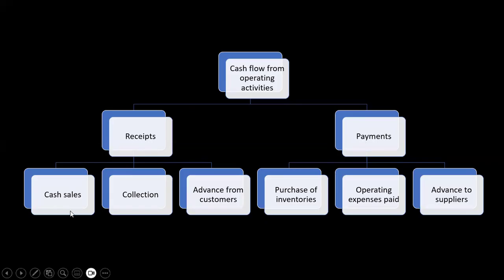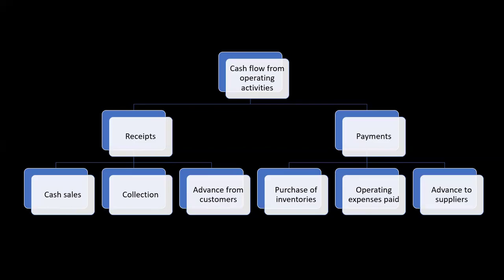Operating receipts are sales, collections, advances, and operating payments are purchases, expenses, and advances. So operating receipts minus operating payments will enable us to see the actual cash flows.